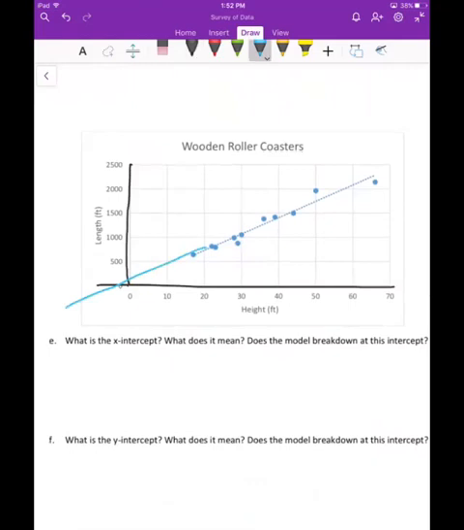So that's my estimate of that line being extended. And I can see that it crosses the x axis down here and crosses the y axis right about here. And we want to think about what those mean in this situation to understand if the model did break down at those intercepts, because we have extrapolated pretty far when we're moving that far outside of the data points.